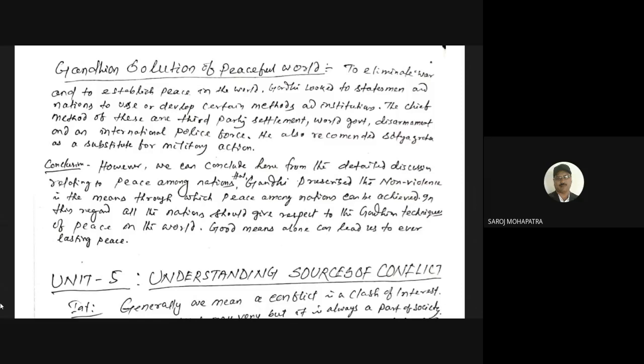The chief methods of these are third party settlement, world government, disarmament, and an international police force. He also recommended that satyagraha is a substitute for military action.